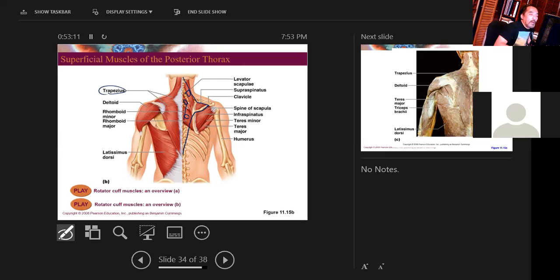Major is more horizontal. Rhomboid major is here. Then you got rhomboid minor. And then this big guy here is called your levator scapulae. So three muscles underneath the trapezius: rhomboid major, rhomboid minor, levator scapulae.